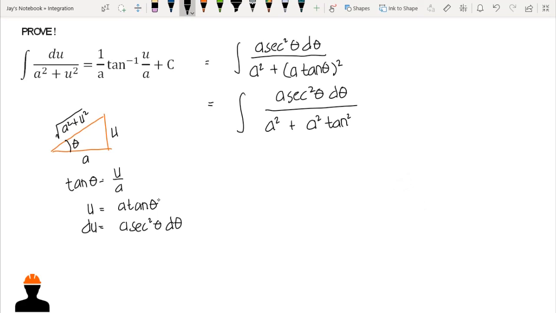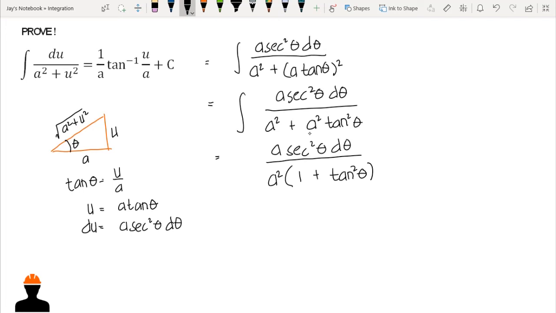tangent squared theta. Now we can take out a squared outside of our function here. We have a secant squared theta d theta over, we can factor out a squared, that is we have a squared times 1 plus tangent squared theta.